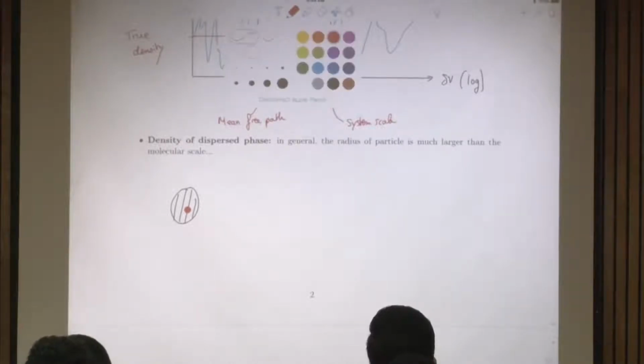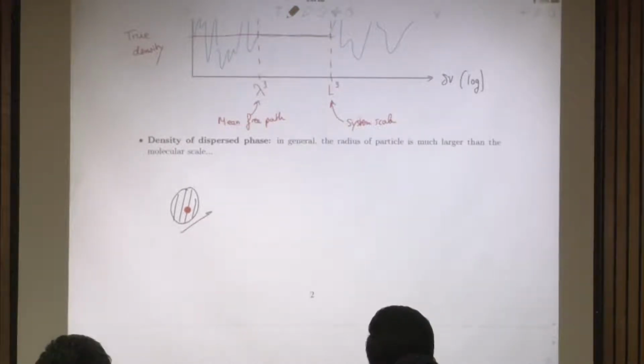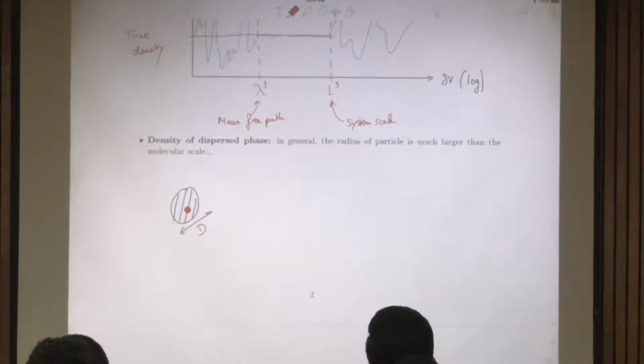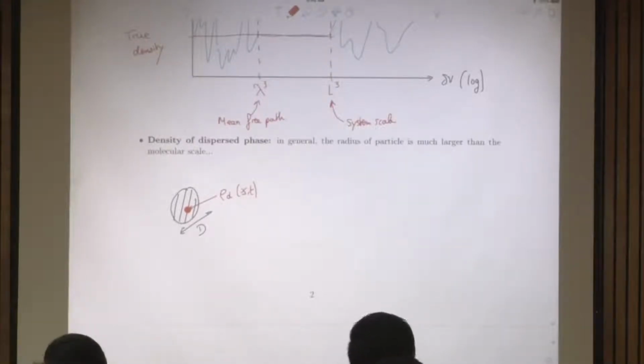If this is my particle of diameter d, I have no problem obtaining, from the same assumption as above, a corresponding rho droplet at that location and at that time for my solid particle, because the intermolecular length scales are going to be much smaller than d.